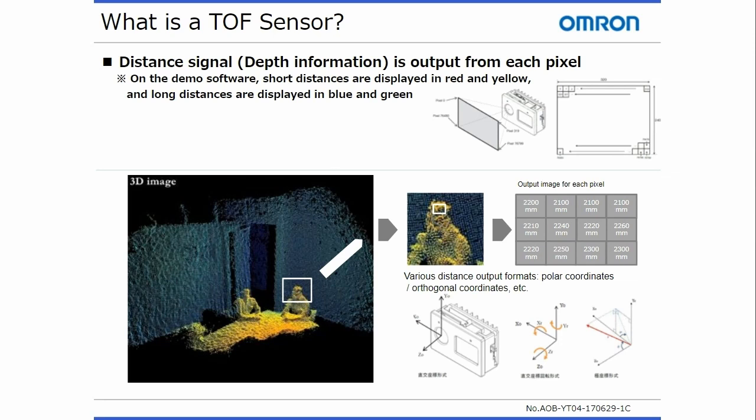It's time for another poll question. I would like to know what type of 3D vision sensor you are currently using in your application. Are you using ultrasonic, stereo, structured light, time-of-flight, or another type of 3D sensor?